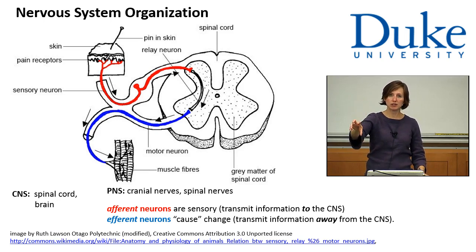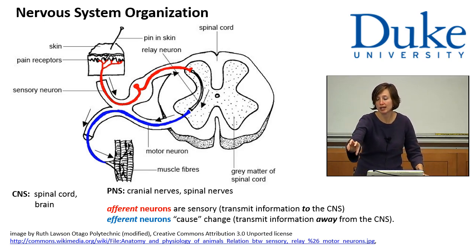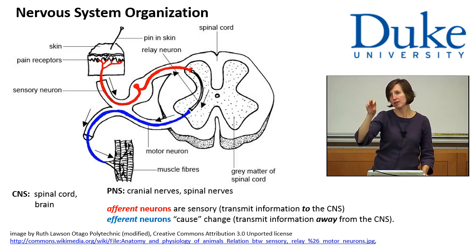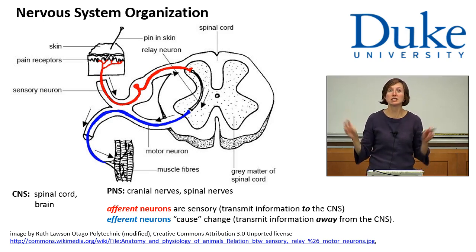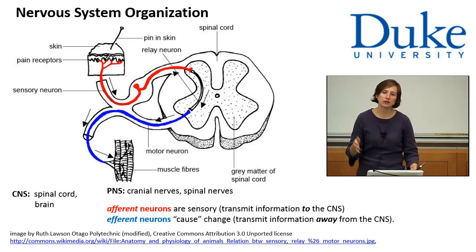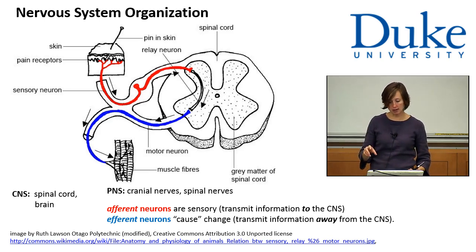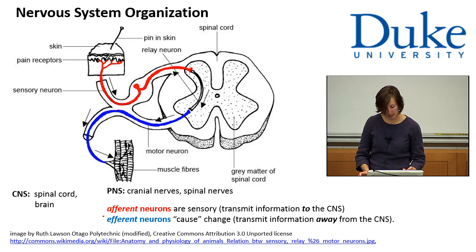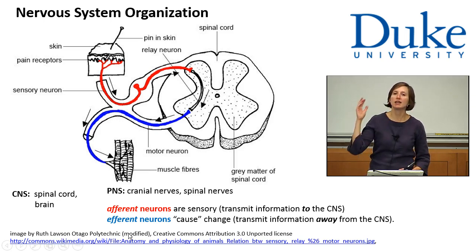The central nervous system, spinal cord or brain, is where the integration of the information occurs. It's where the decision is made about what to do about this stimulus. Then we have the efferent portion of the nervous system, which sits mostly in the peripheral nervous system, where it's causing the effect.